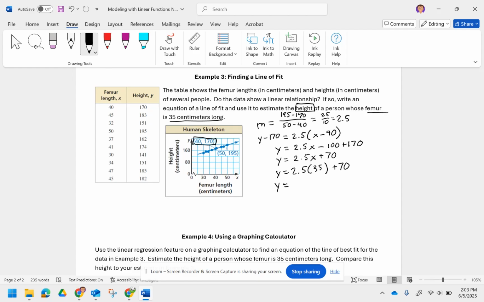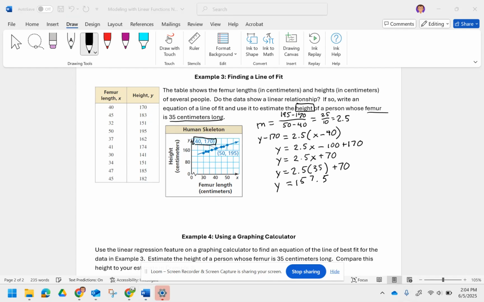So 2.5 times 35 plus 70, that is going to give us 157.5, approximately. Or nope, I didn't round anything.